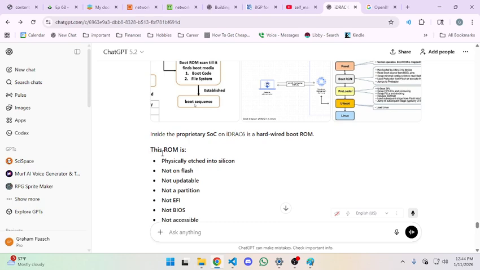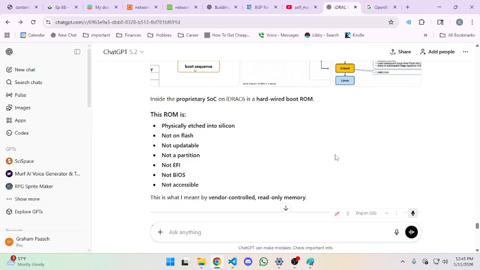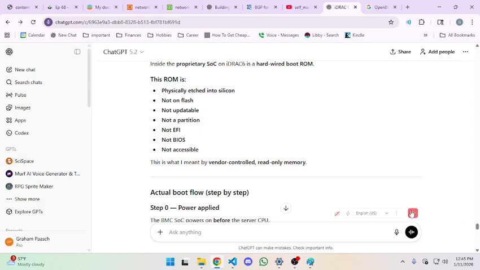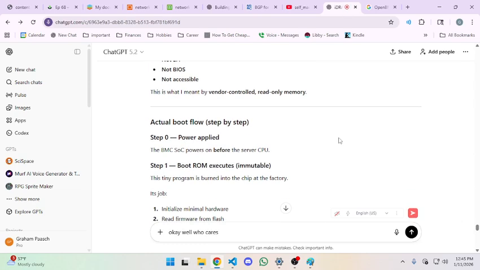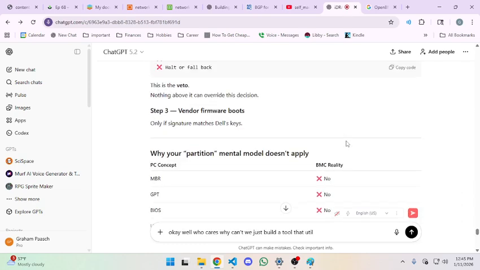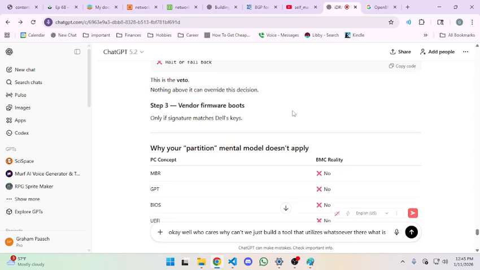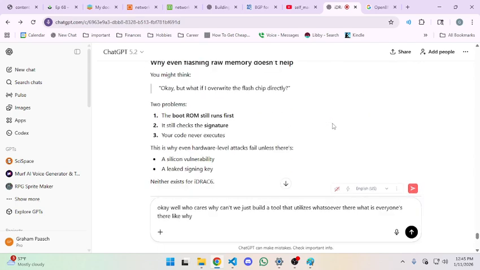So the ROM is physically etched into the silicon, not on flash, not updatable. Okay, well, who cares? Why can't we just build a tool that utilizes whatever's there? Why does that make it so that it has to use TLS v1?